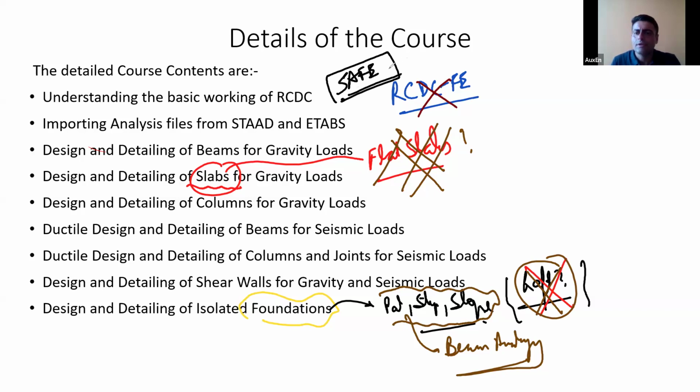Okay. Mr. Rishabh is asking, does it design flare column or inclined column? I have not tried it till now. Inclined columns. Flared up column, I don't think it can do because it only takes the uniform cross section. But inclined column, if you have modeled it in STAAD, I am yet to check if it is able to identify it as a column element or not.